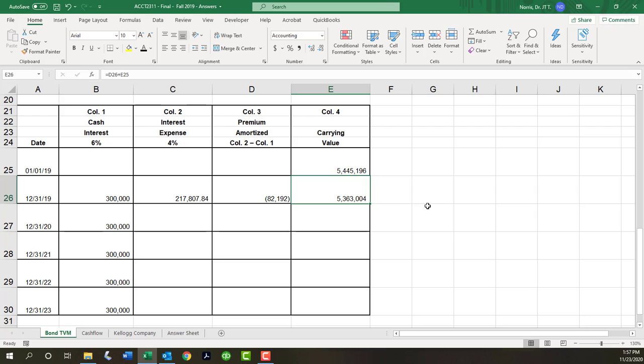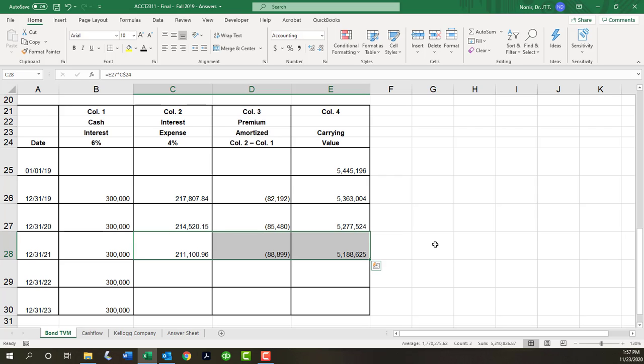You've reduced the amount that you owe the bondholders by that $82,192, bringing the carrying value down. Multiply it again, you get an interest expense of $214,000, an overpayment of $85,000 now. That further reduces the carrying value down to $5,277,000.